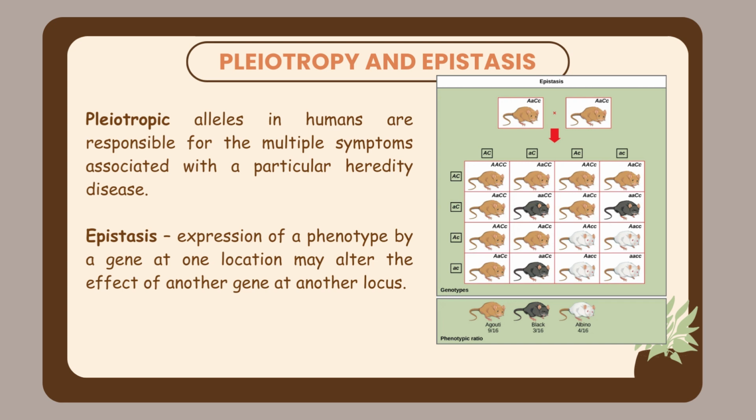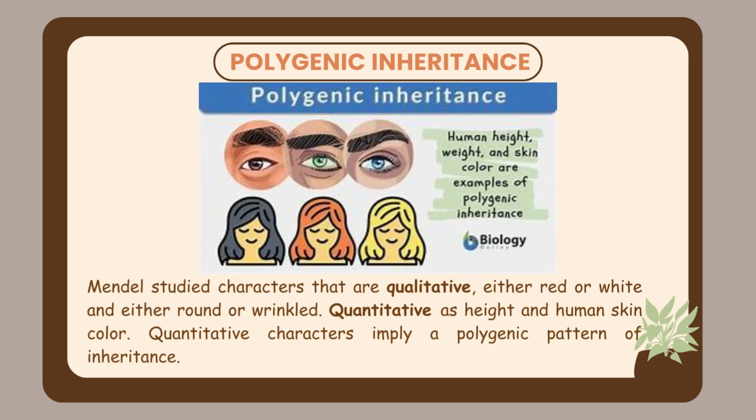Now let's move on to polygenic inheritance. Mendel studied characteristics that are qualitative, meaning they are descriptive, either red or white, and either round or wrinkled.